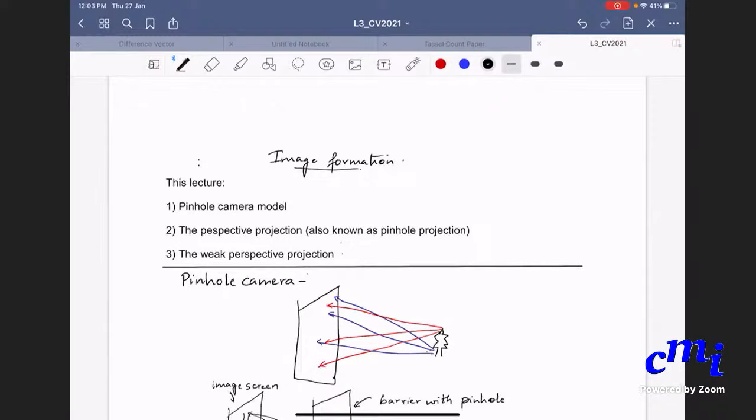We'll take a look at what that idea is. So suppose here you have a screen, okay, and here is your object, and you have nothing in between. So here's your object, here's your screen, and there's daylight, let's suppose. Instead of an object, you can think of it as a light source.